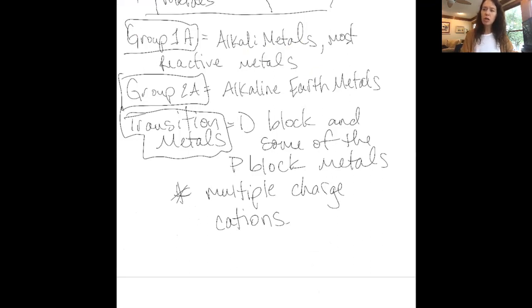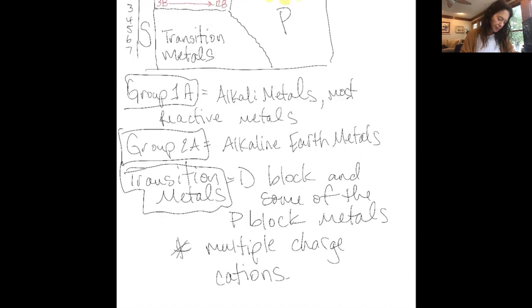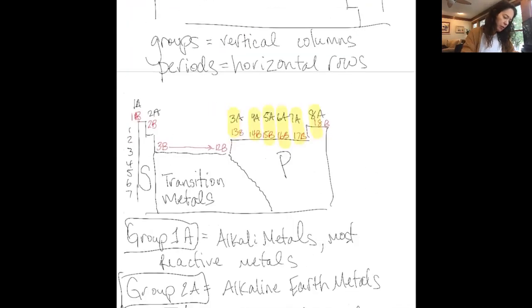So we'll see that those transition metals, sometimes they lose 1, sometimes they lose 2, sometimes they lose 3, sometimes they lose 4. So that's what I mean by multiple charge. They have a +1, +2, +3, +4. We have different charges.